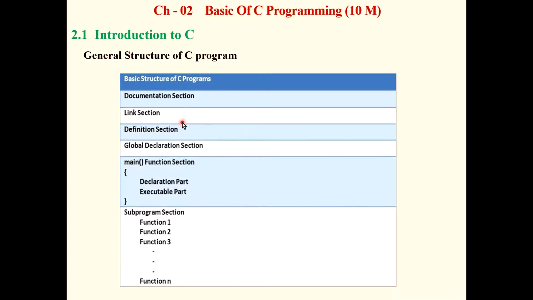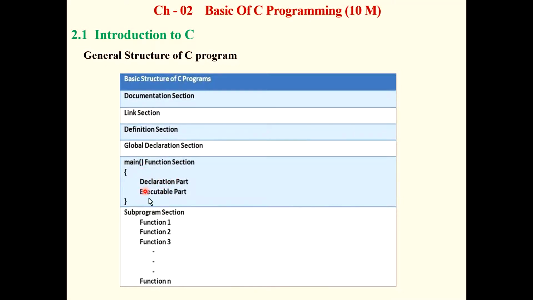Okay, then link section. In the link section we define the header files. Okay, in the next slide I give the example, at that time you will clearly understand. Then definition section, we define the function definition. Okay, then global declaration section, global variables are declared in this section. Then main function.